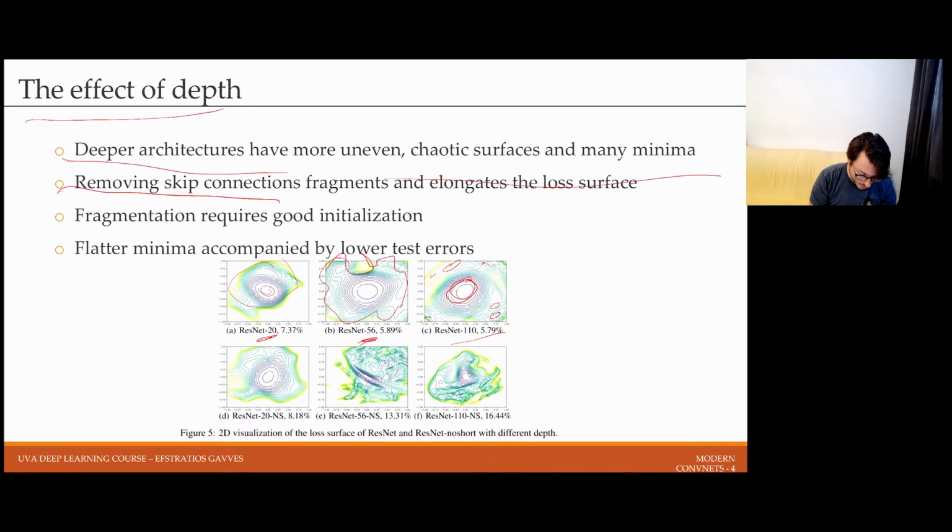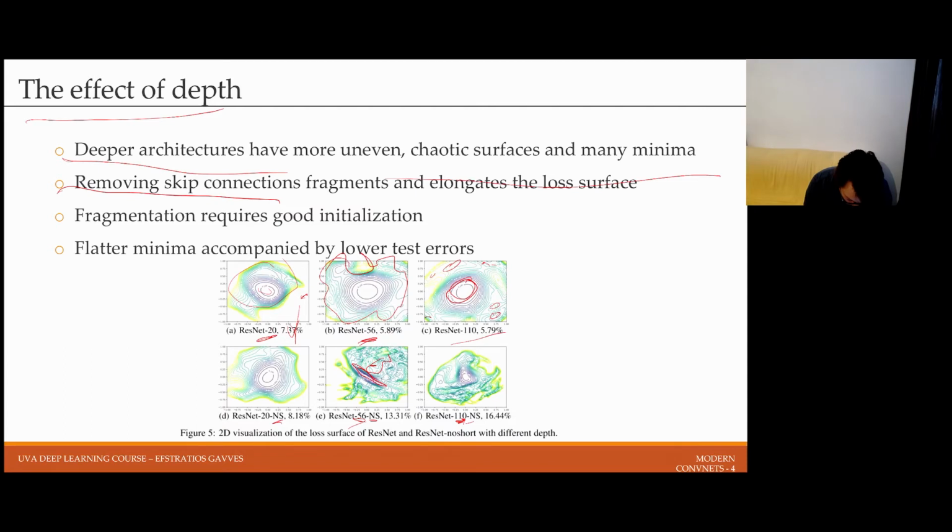Interestingly, when we remove skip connections, things are much more violent. So NS here stands for no shortcut connections. We observe that for 20 layers, again, it's not too different, maybe a bit more chaotic. However, with 56 layers and no shortcut connections, it's basically a soup of local optima, very elongated regions, very weird shapes. And with 110 layers, it's even worse.